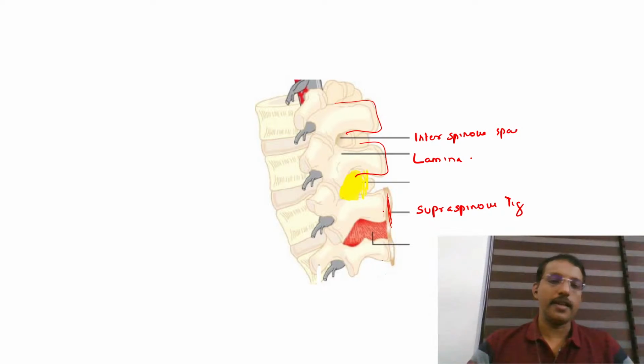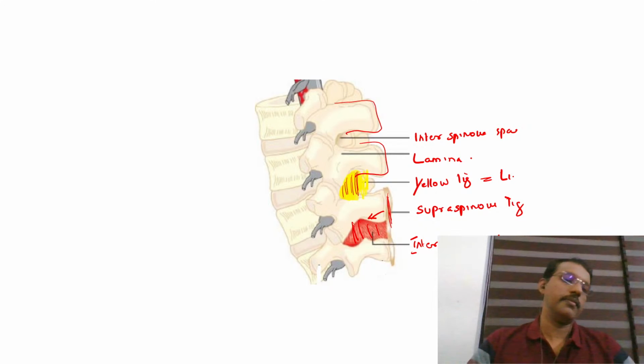And just inside, once you go inside, between the spines you have another ligament. This is called the interspinous ligament. And then deep within, after passing through the interspinous ligament, you have something known as the yellow ligament, otherwise known as ligamentum flavum.